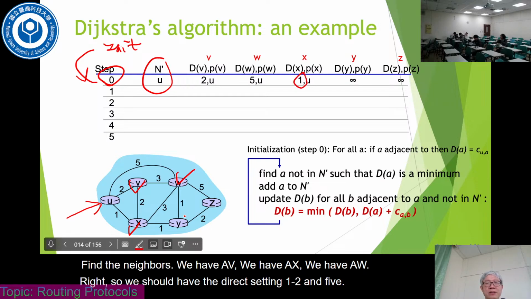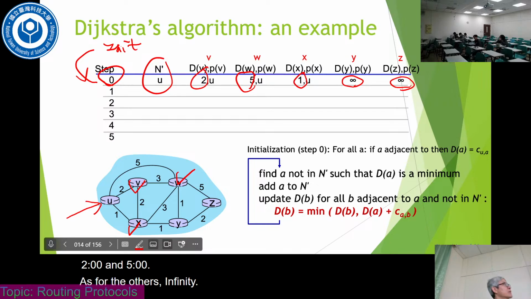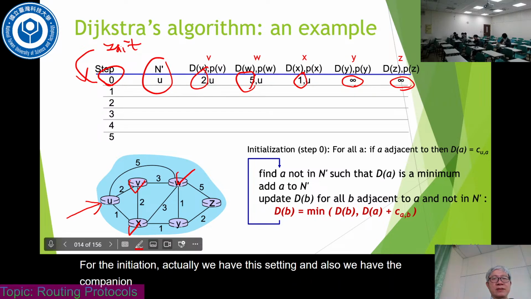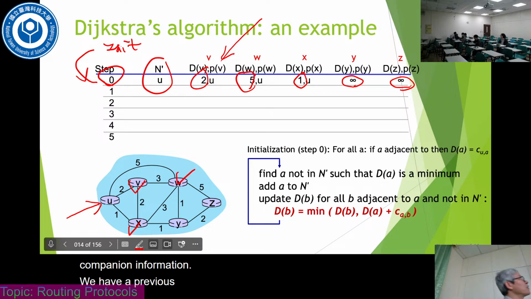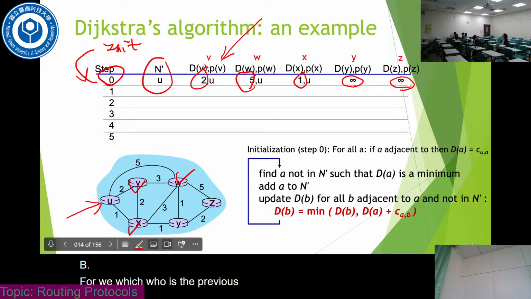As for the others, infinity. For the initialization, we have this setting, and also we have the companion information, the previous node. So the previous node for the current node, for example V. For V, who is the previous one? It's u. Likewise for W, it's u. And likewise for X, it's u.